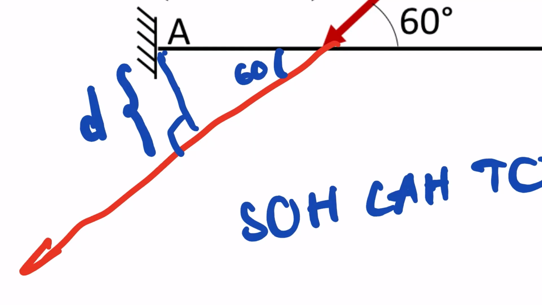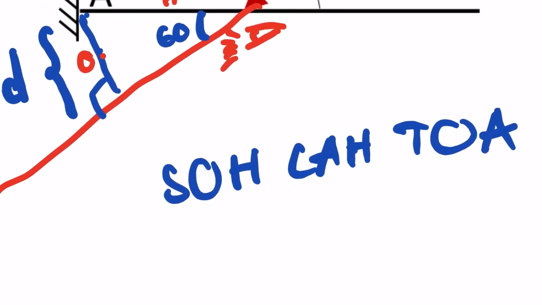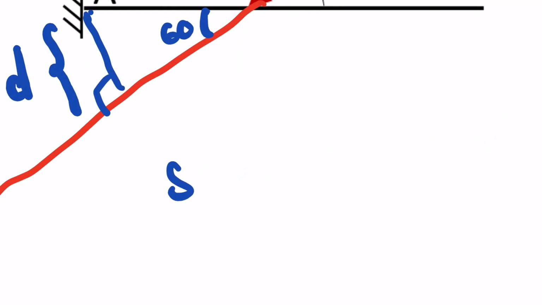This one is the opposite, and then the hypotenuse is over here, because opposite to the angle. If you have your eye over here, you see that this one is the opposite of the angle, right? Let me clean this one a little bit so you can see it clearer.